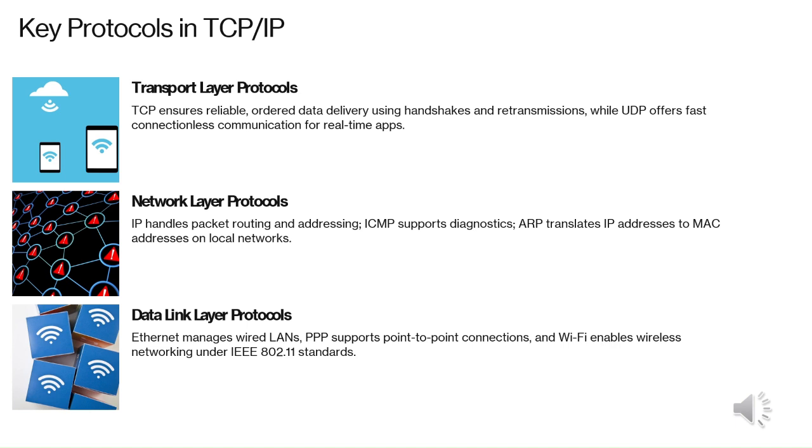UDP is faster but unreliable, perfect for video calls and gaming, where speed matters more than perfection. At the network layer, IP routes packets, ICMP reports errors, and ARP finds MAC addresses. Data link uses Ethernet in offices, PPP for dial-up, and Wi-Fi everywhere else. These protocols work together every time you load a web page.